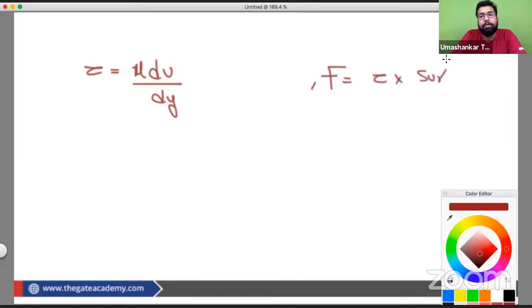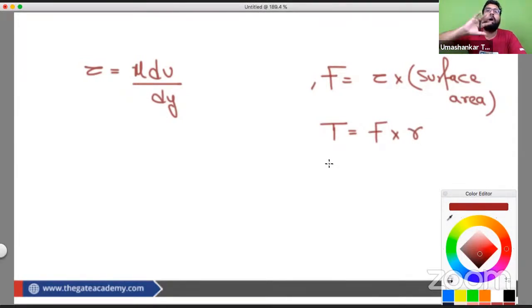Now remember, guys, whenever something is moving in a linear pattern, we have a force, and whenever something is moving in a rotational manner, we have torque. So we may have to find the torque as well. When we have to find the torque, we multiply this force with the radius of the rotating body, maybe the shaft.